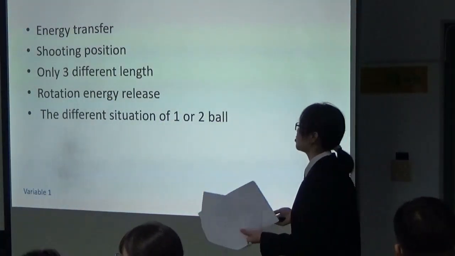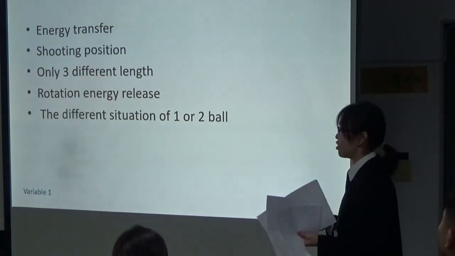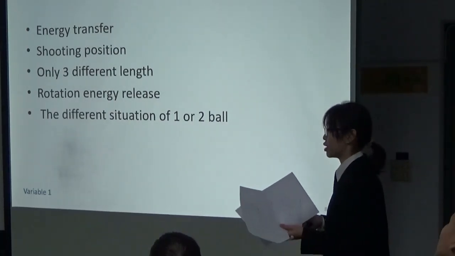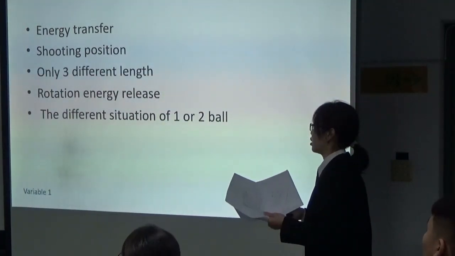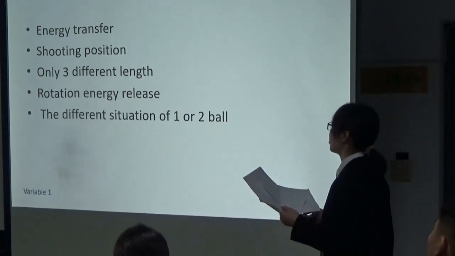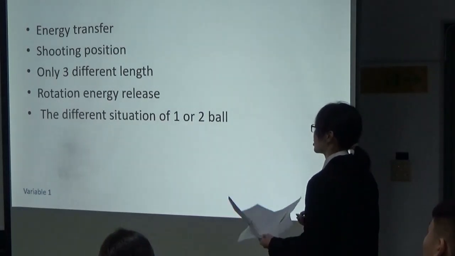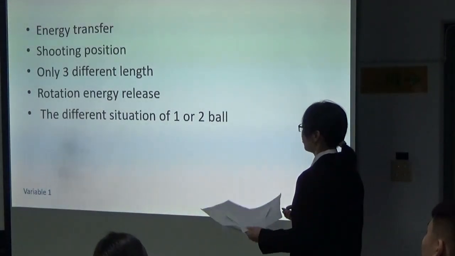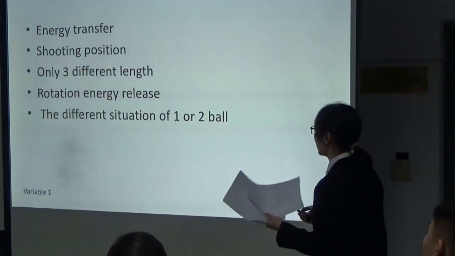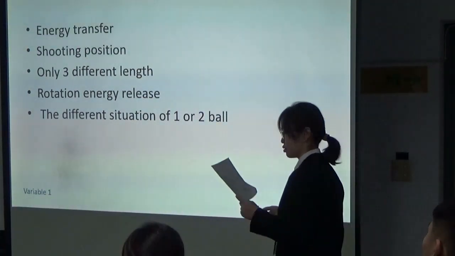And the next one is shooting position, and the shooting position should use 7, 10, and 13 centimeter positions. But I want to ask if the reporter has minimized the shooting position. And the only differences are the shooting position and rotation energy release. So I would like to invite the reporter on the stage.